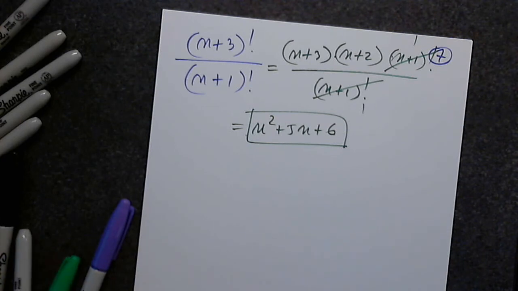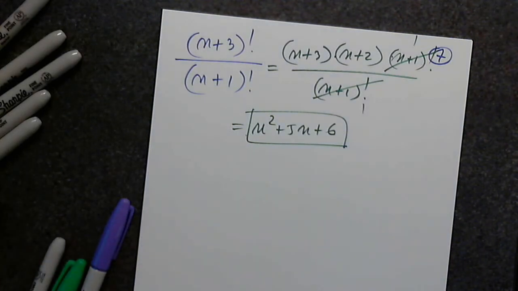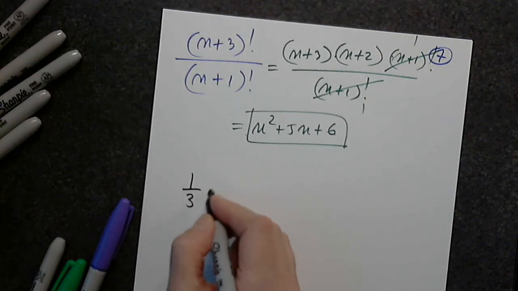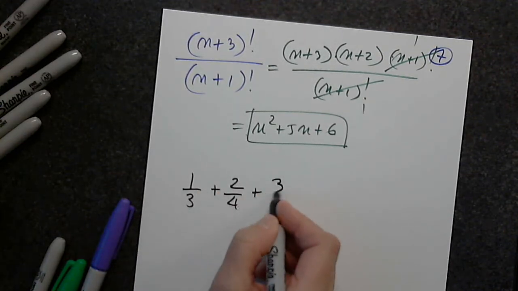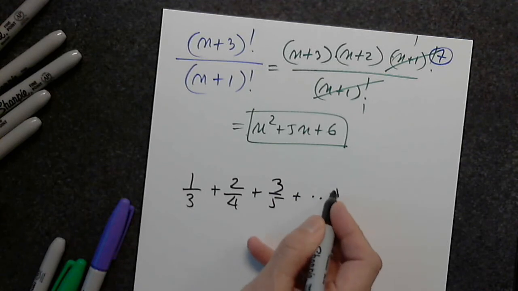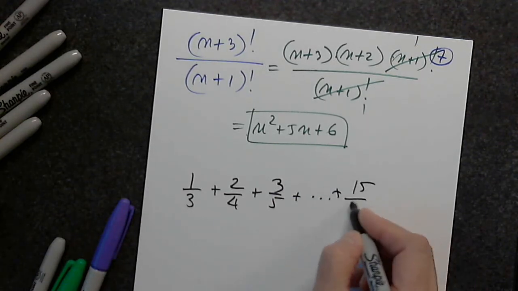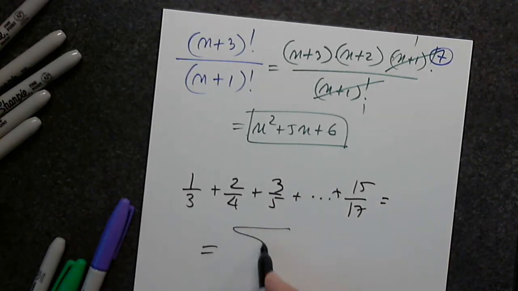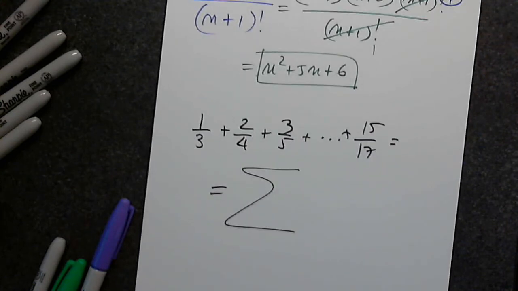Any questions? Any questions? Let's take a look at 1/3 plus 2/4 plus 3/5 plus ... plus 15 over 17. They want us to condense this using the sum or the sigma notation or the summation notation.